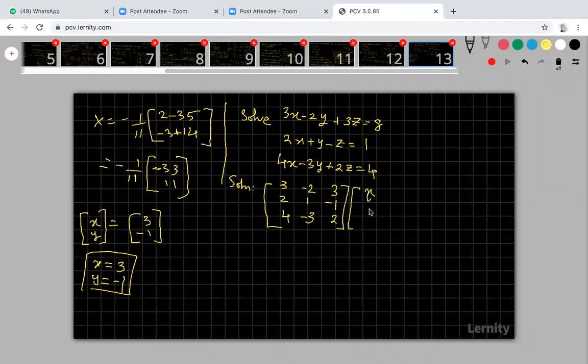What are the unknowns? x, y, z. That's equal to 8, 1, 4. This is A, this is X, this is your B. Therefore, AX is equal to B.